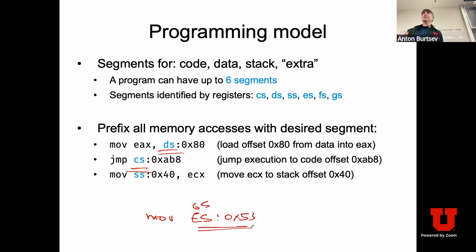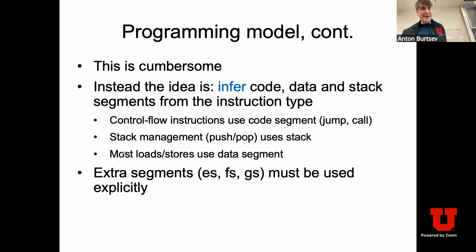If you compile code which uses those thread local variables, there are multiple implementations possible, but that's the most efficient implementation on x86. So it's still used, but typically you never see it. Your programming paradigm, instead of explicitly using those segments, just infers the segment based on the access. Make sense?